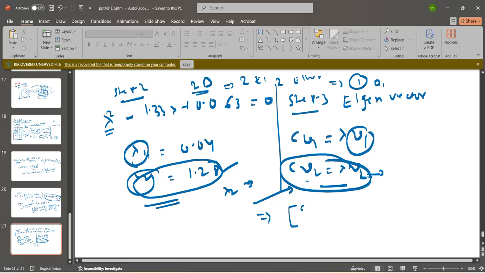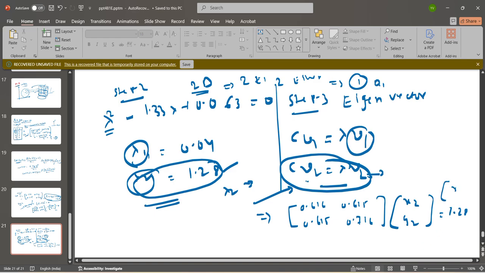So C we already know: 0.616, 0.615, 0.615, 0.716. This is C. V2 means simply x2, y2. Lambda value we know that 1.28 is what I'm going to consider. This is the biggest value. And V2 again x2, y2. I have to find out this x2, y2.